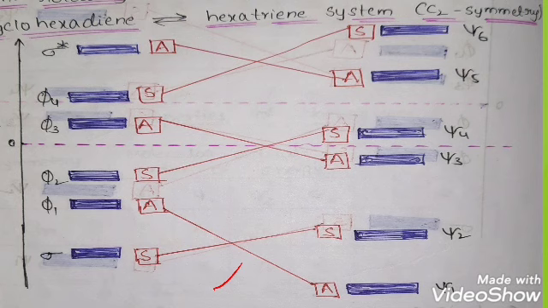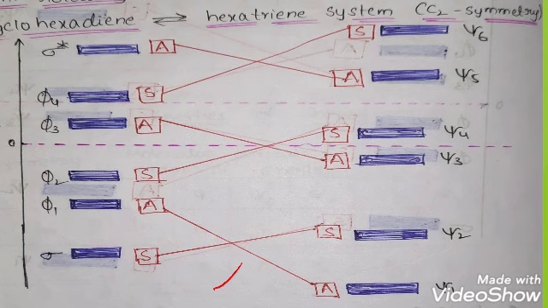And this is the correlation diagram of conrotatory interconversion of cyclohexadiene to hexatriene system.